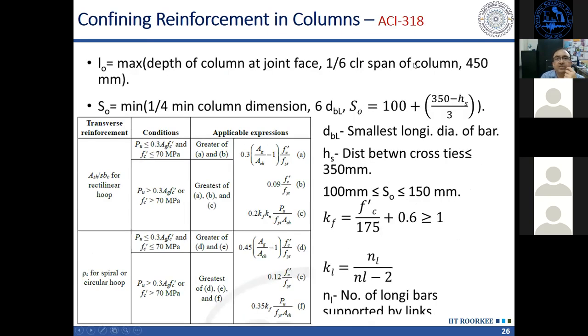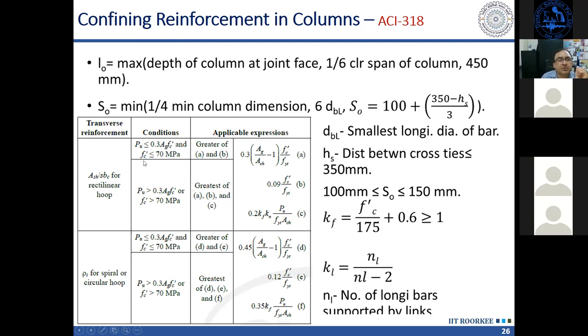Now, if we compare with ACI 318, we can see that actually in ACI 318, the provisions are much more advanced. Okay, there the area of the hoop depends also on the axial force. So when the ultimate load is less than 0.3 Ag Fc dash, then there is one expression. If it is greater than 0.3 Ag Fc dash, then it is another expression.